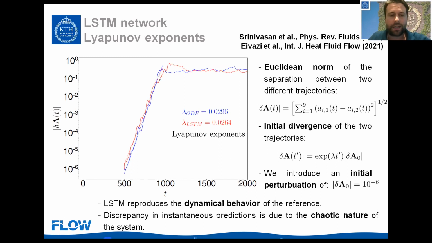And basically what we can see is that by perturbing with a very small perturbation amplitude, the Lyapunov exponent from the ODEs, from the original model, and from the LSTM are also in very good agreement. So once again, the chaotic nature of this reduced order model seems to be well captured by the LSTM.